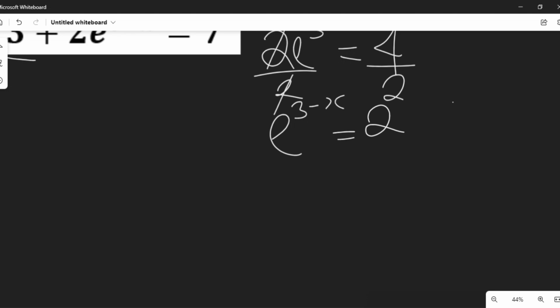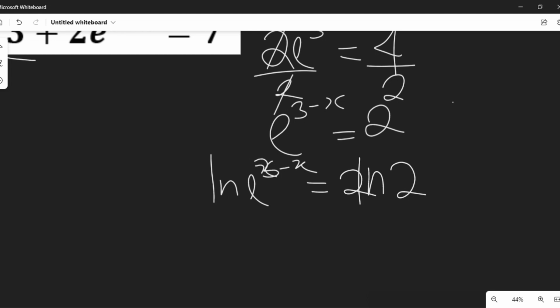So what we need to do is to take the natural log of both sides. So the ln of e to the power of 3 minus x will be equal to ln of 2. So this will give us ln of e to the power of 3 minus x equal to ln of 2.